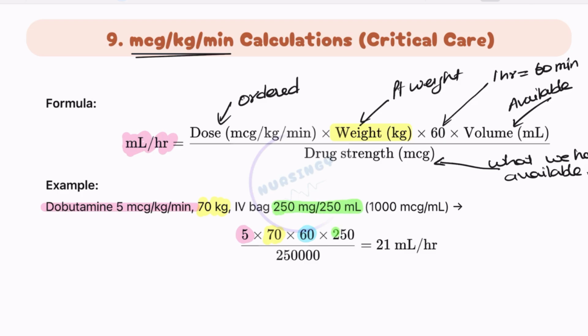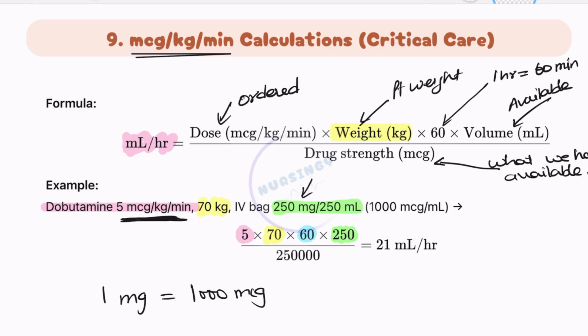So what we will do: we know 1 mg is equal to 1000 mcg, and because our order is in mcg, we will convert 250 mg into mcg.